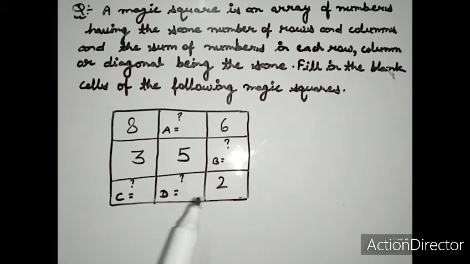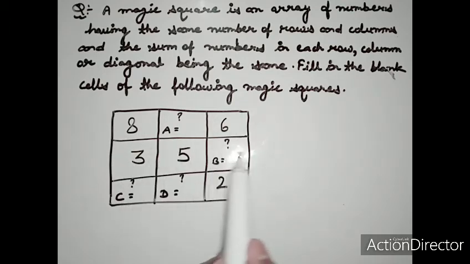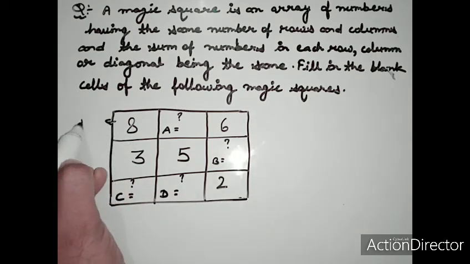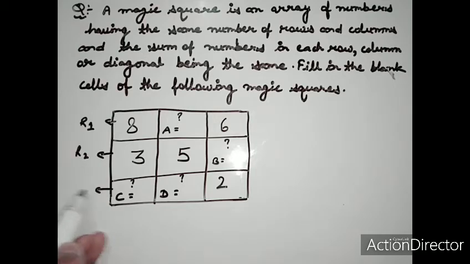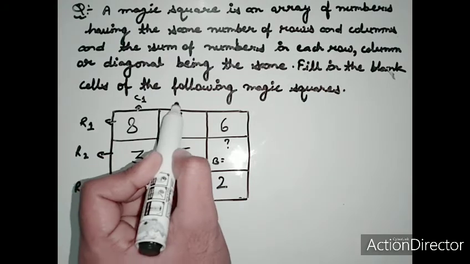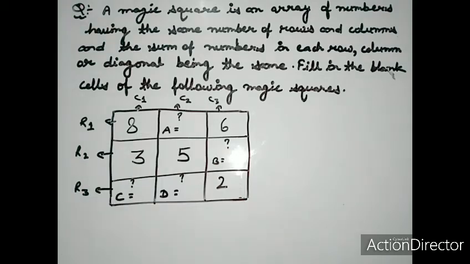So here there are the same number of rows and columns. These are rows, row 1, row 2 and row 3, and these are columns, column 1, column 2 and column 3 here, and these two are diagonals here.